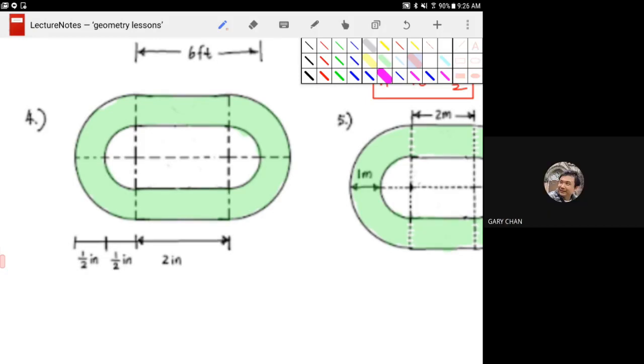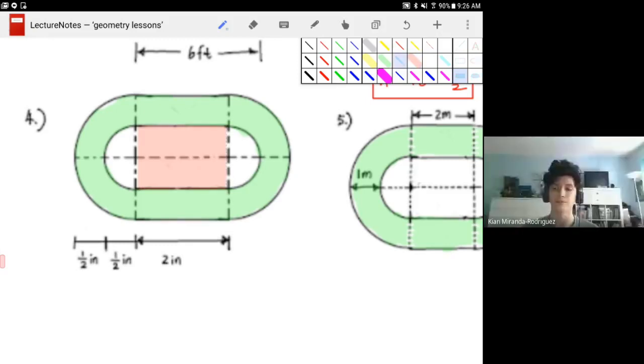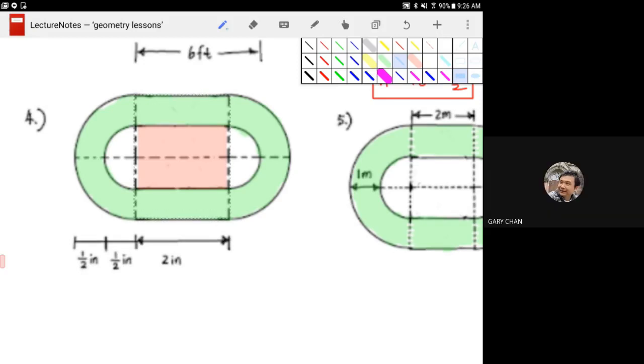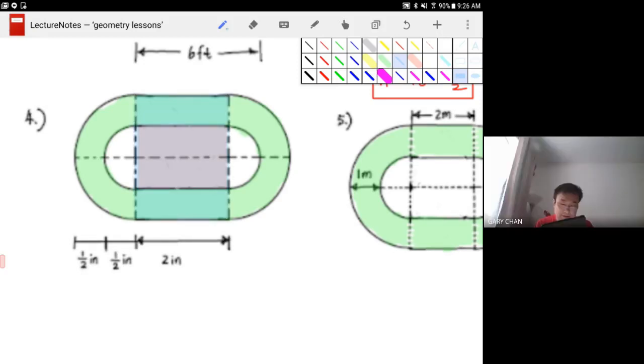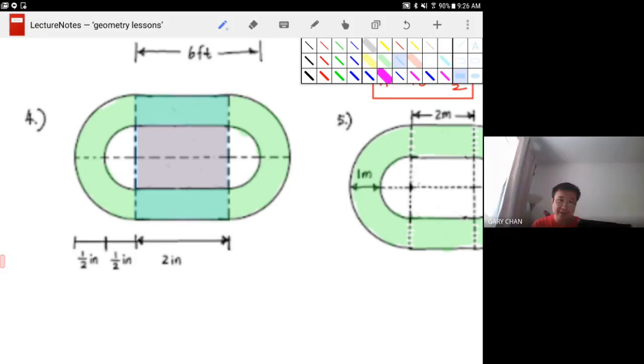We have one side a rectangle, and then another rectangle inside. Sorry, guys, I'm not refreshing. Oh, here we are, I'm seeing it. So we have those different rectangles in place, and then we have different semicircles.